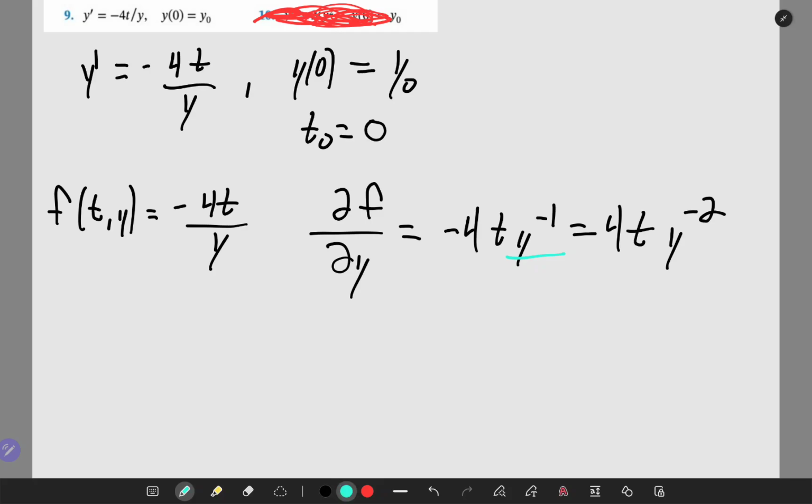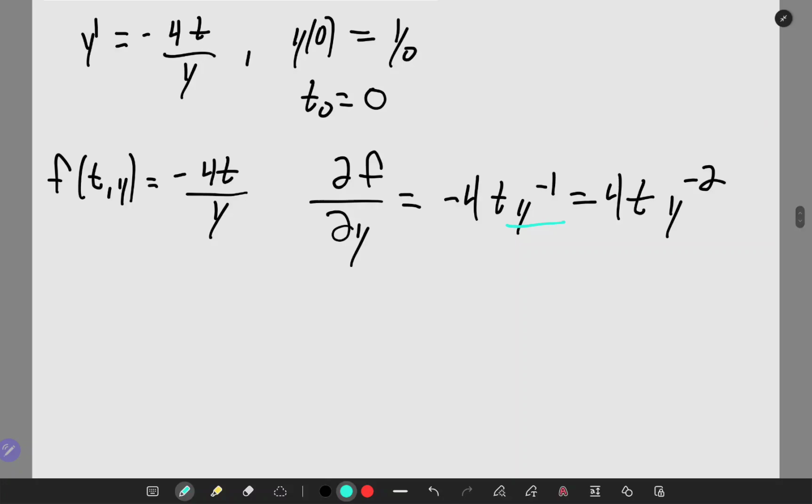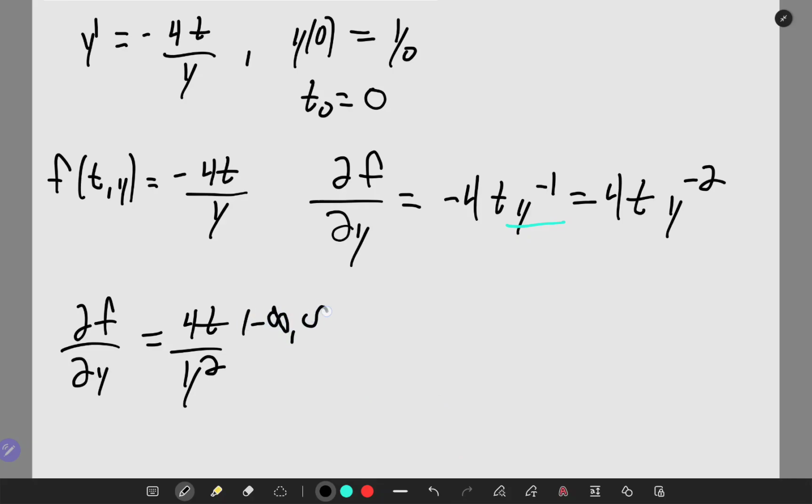So now we're going to find the domain of this partial derivative. So the domain of this, we have 4t over y squared, right? Well, 4t is all real numbers, and y squared, that is everything above 0, right?